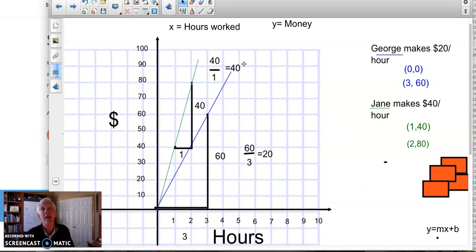And it is not a coincidence that Jane's slope of 40 happens to be the amount of money she makes per hour. So this is why we do slopes, so we can look at these numbers and arrange them. We're going to stop there for this first installment of the family of the future and how slope and linear equations can help us figure out how much money they make.